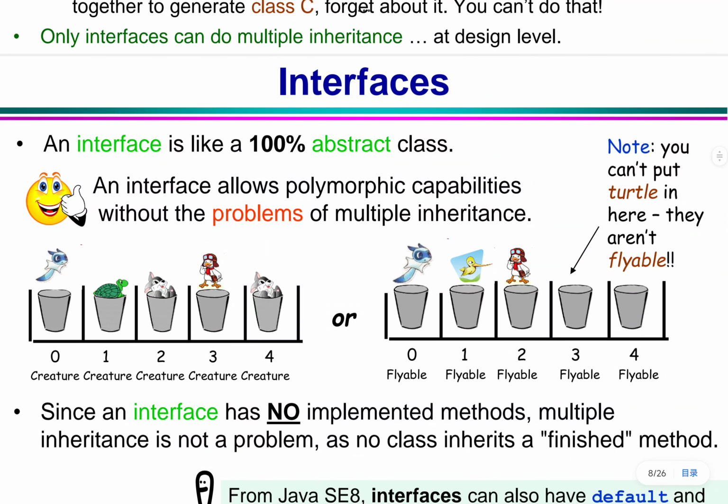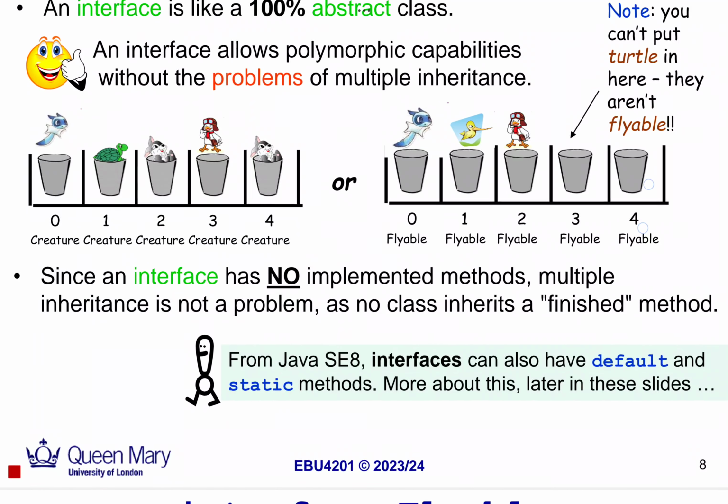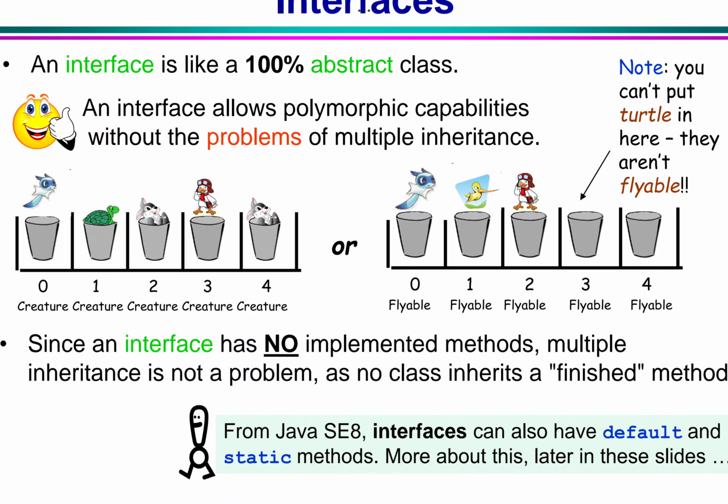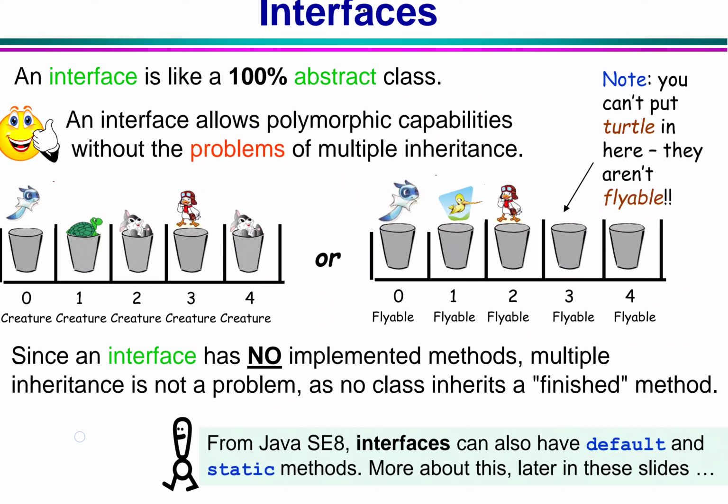An interface is like a 100% abstract class. An interface allows polymorphic capabilities without the problems of multiple inheritance. This is just something we have learned. What are polymorphic capabilities?